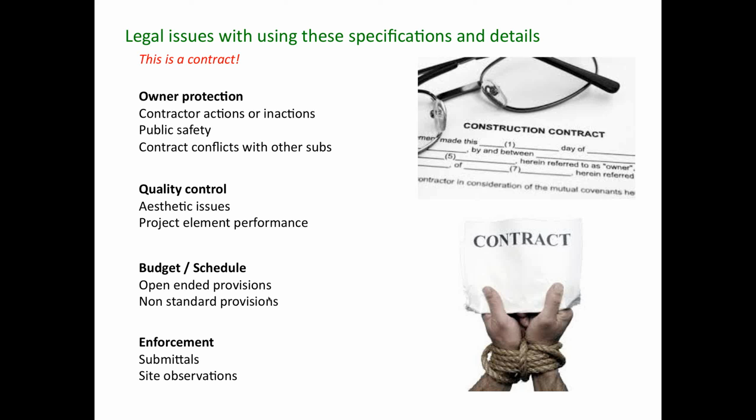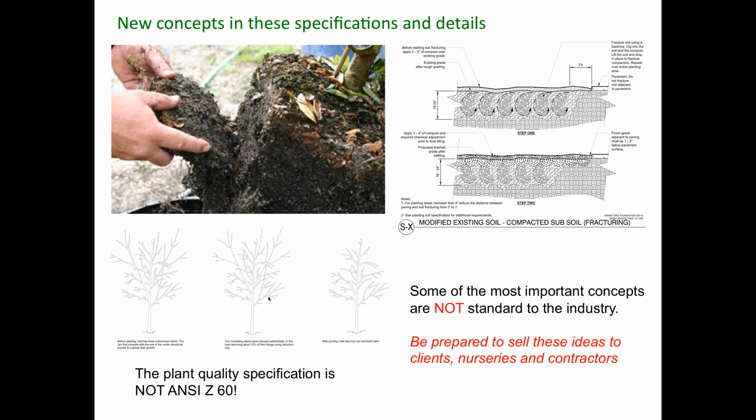Finally, in any legal contract, it's important that there be enforcement requirements, which there are for submittals and site observations within this document. So it's important to remember this issue that these are not standard to the industry yet. Our hope is that they will become standard.